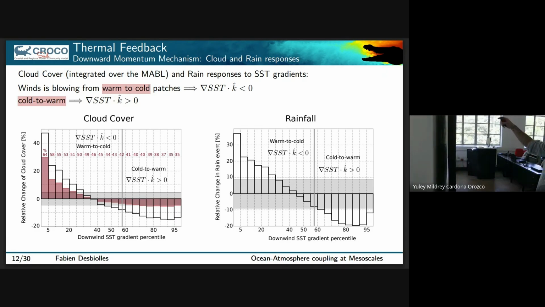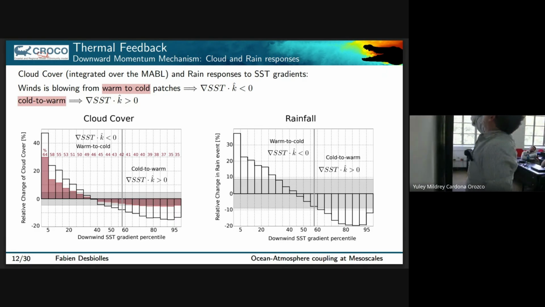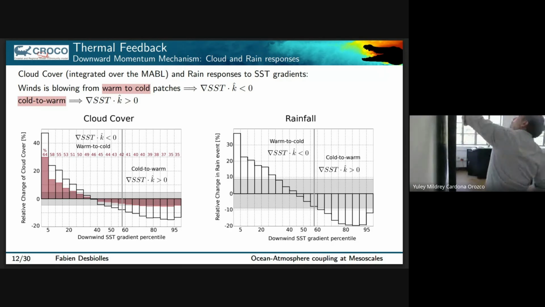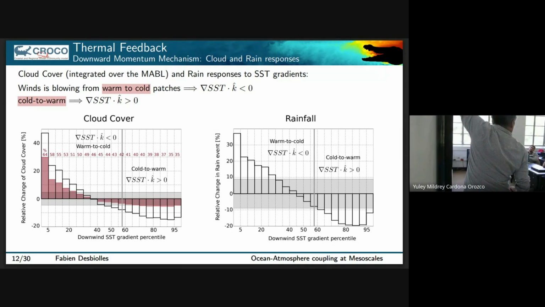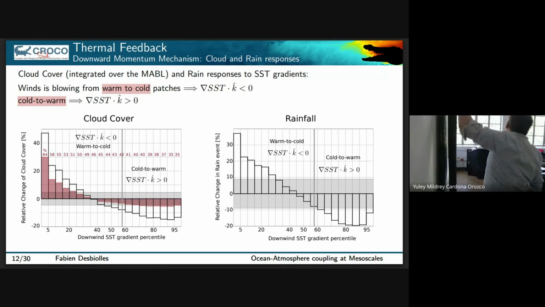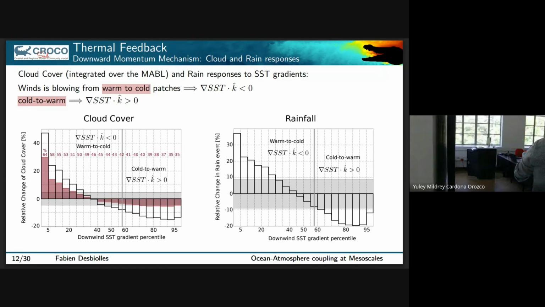And what we see is that when we have this process acting the most, we have more chance to have a cloud over warm to cold SST gradient, and clear sky when we go from cold to warm. And we have more chance to have rain, and relatively less chance to have rain, according to that process.